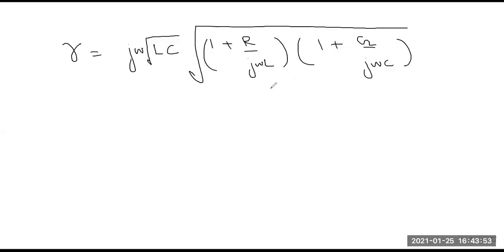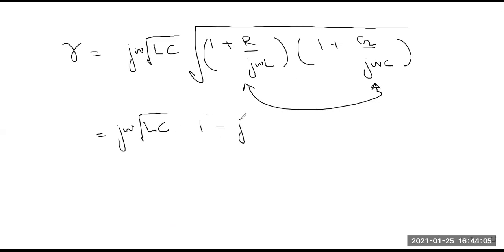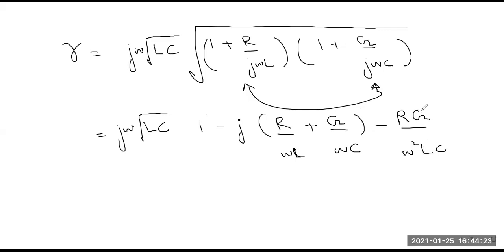Then you can multiply these two complex terms together. So you will get gamma equals j omega square root of LC, times the square root of 1 minus j times (R divided by omega L plus G divided by omega C) minus RG divided by omega square LC.